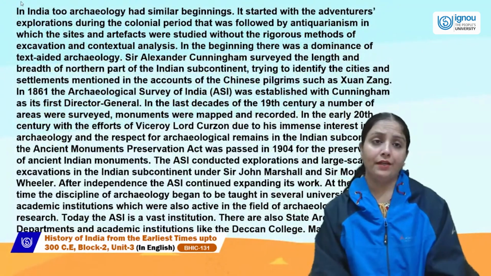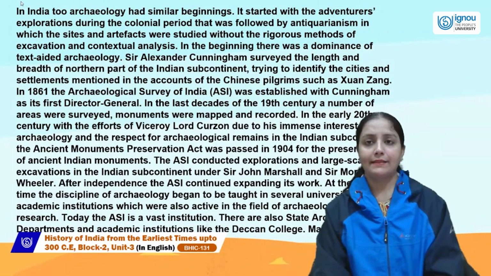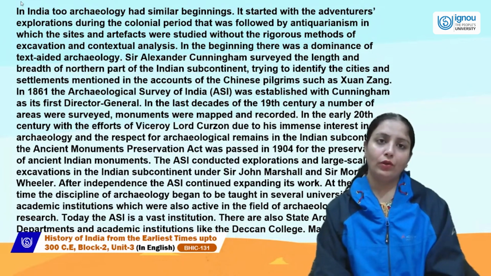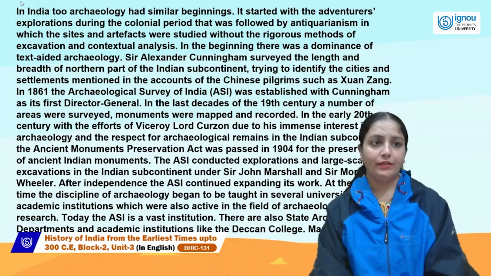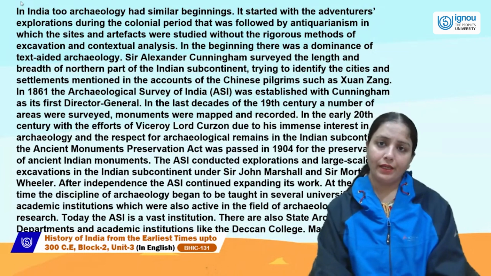Next, in India too, archaeology had similar beginnings. It started with adventurers and explorations during the colonial period. That was followed by antiquarianism, in which sites and artifacts were studied without rigorous methods of excavation and contextual analysis. In the beginning, there was a dominance of text-aided archaeology.